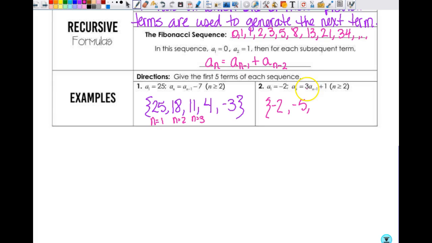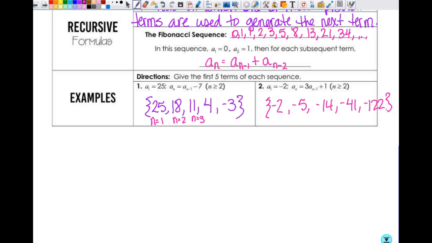I get negative 15, plus 1 is negative 14. 3 times negative 14, negative 42, plus 1 is negative 41. So negative 41 times 3, negative 123, and then I add 1 and I get negative 122.